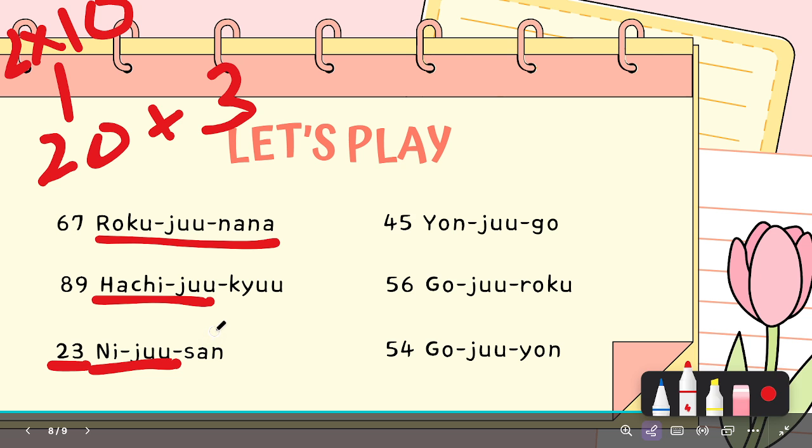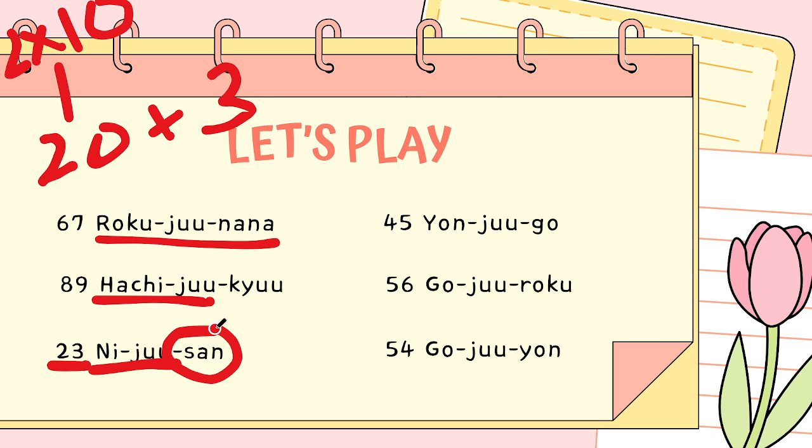Now 3, you remember that 3 is san. So 20 plus 3 is ni ju san. Then we have 45. What is 40? Yon ju. Then we have 5. We will add it: yon ju go.